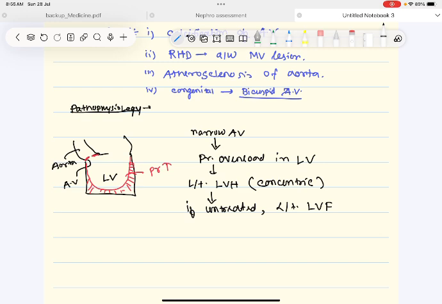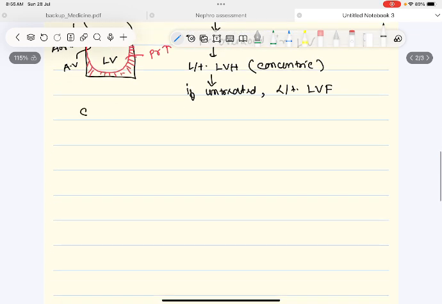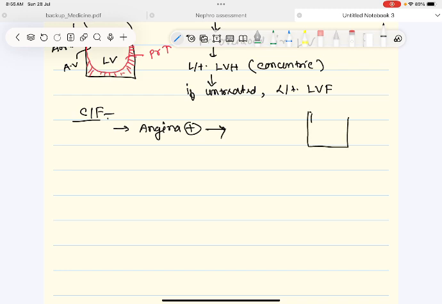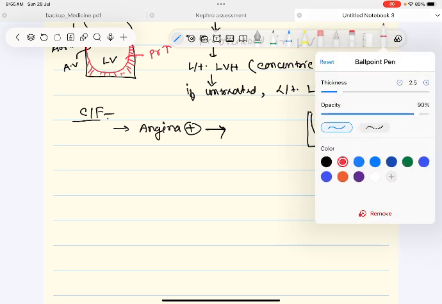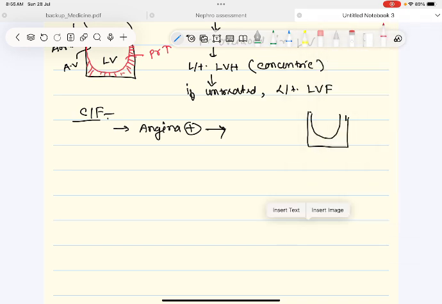So coming to the clinical features, angina is present. Because when there is hypertrophy, suppose this is the left ventricle, between the hypertrophic cardiac myocytes there are coronary arteries.